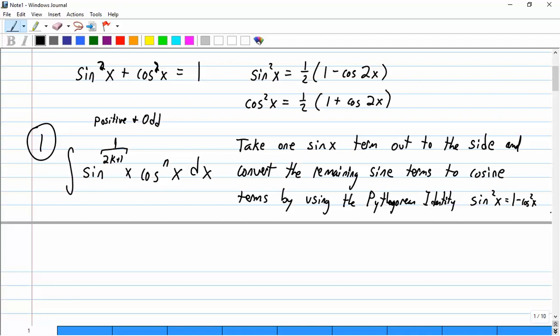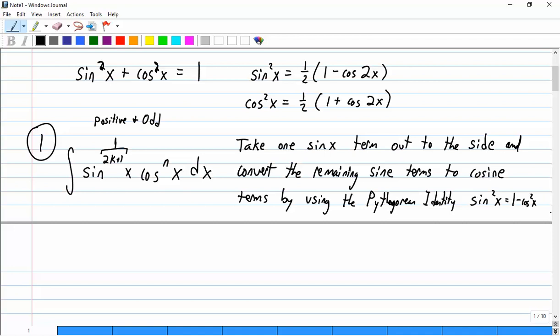All right. When I take that sine term out to the side, then what will the power of sine that I took the term from become? What type of power will it be? It will be positive and what?